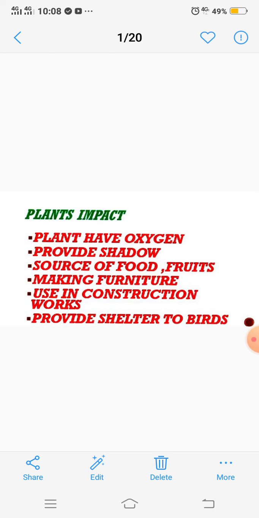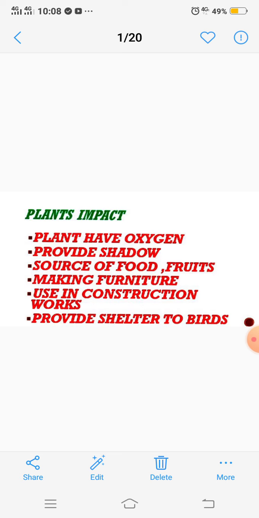But at the end of the day, what are the advantages of plants to us? First, they produce oxygen as a result of photosynthesis, which is very important for humans and all other animals to survive. Secondly, they provide shelter to humans and animals. Third, they are the source of food and fruits for different living organisms, including humans.